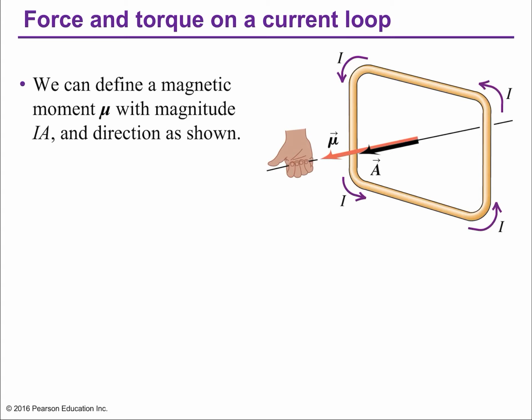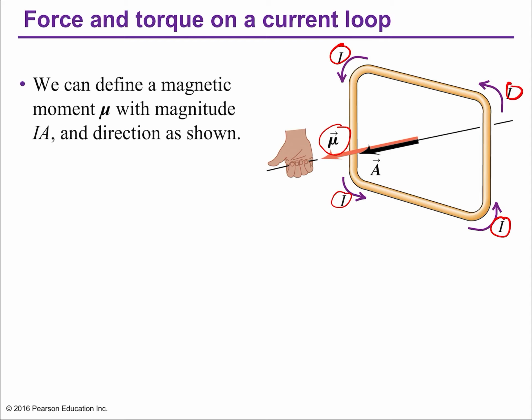This is the way to find the direction of magnetic dipole moment, mu. You just simply curl your fingers in the direction of the current flowing in the loop, and your thumb will give you the direction of the magnetic dipole moment. As you can see, it's perpendicular to the plane of the loop. It's in the same direction as the vector that we associate with the area.